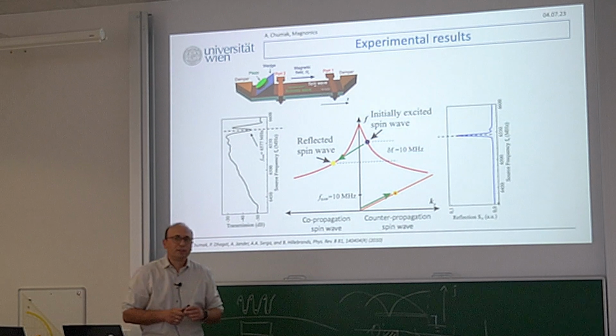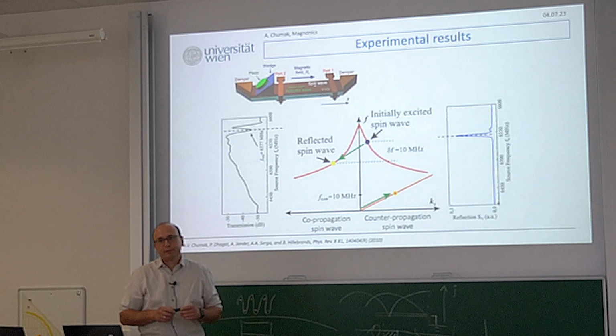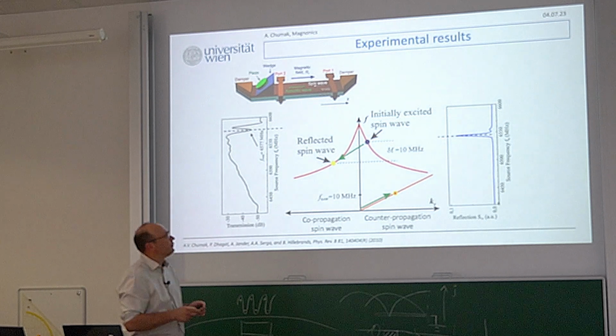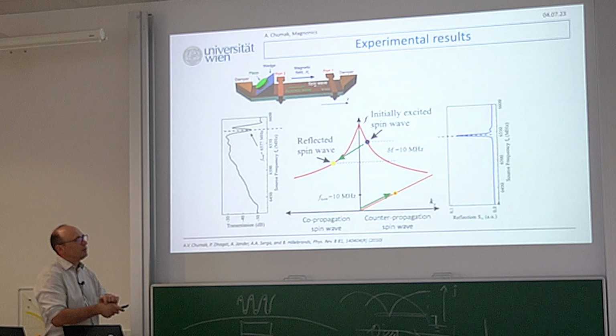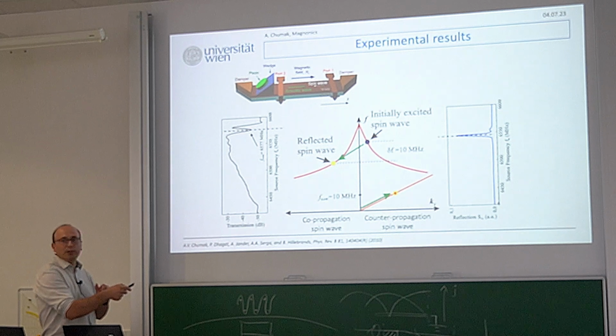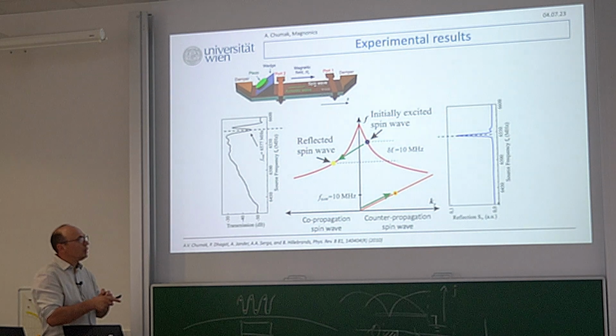Russell? Yes, in the experiment you've shown for the picture on the right, you said you excited at 7 gigahertz. Approximately. I understand then the acoustic wave frequency is the difference. Yeah, it's the difference between these two frequencies. It's only an example with this 10 megahertz, and in the experiment it was like 500 megahertz.